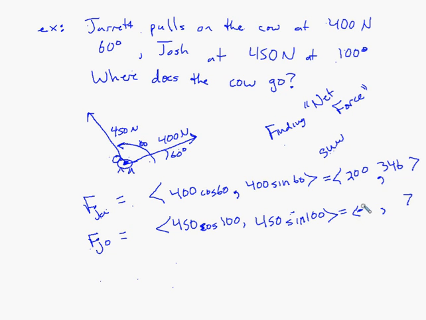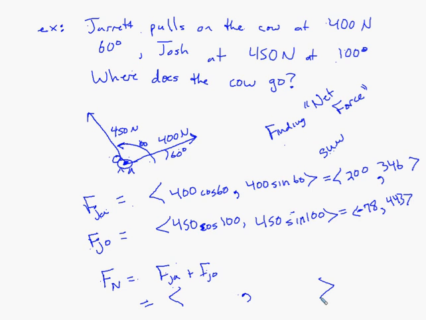Negative 78 and 440. Okay, so remember yesterday, what did we do with vectors? We could add and subtract them. In this case, my net force is going to be the force of Jarrett plus the force of Josh, and I'm going to add those two vectors together. And that gives me my resultant.